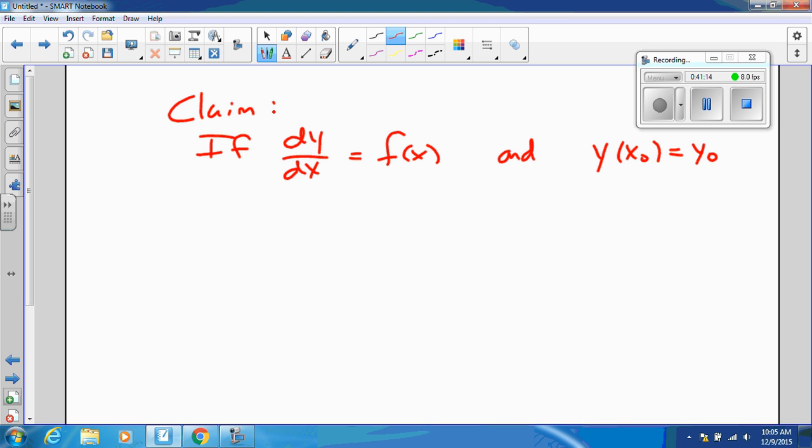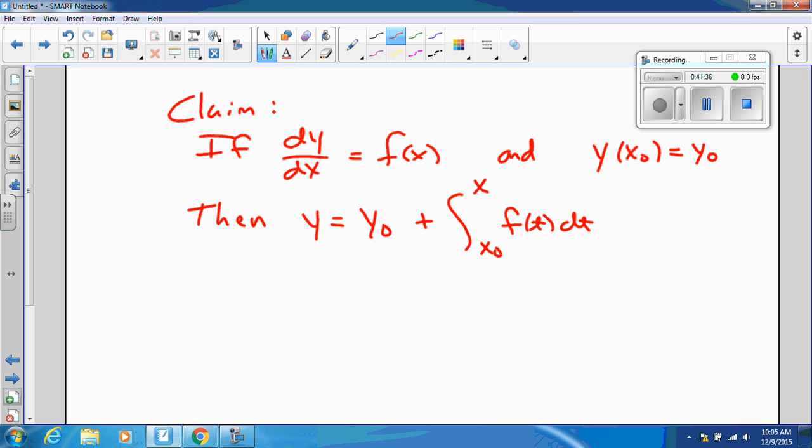If we have a differential equation with an initial condition given, like so, then I can write y is equal to the initial condition plus the accumulator function from x0 to x.